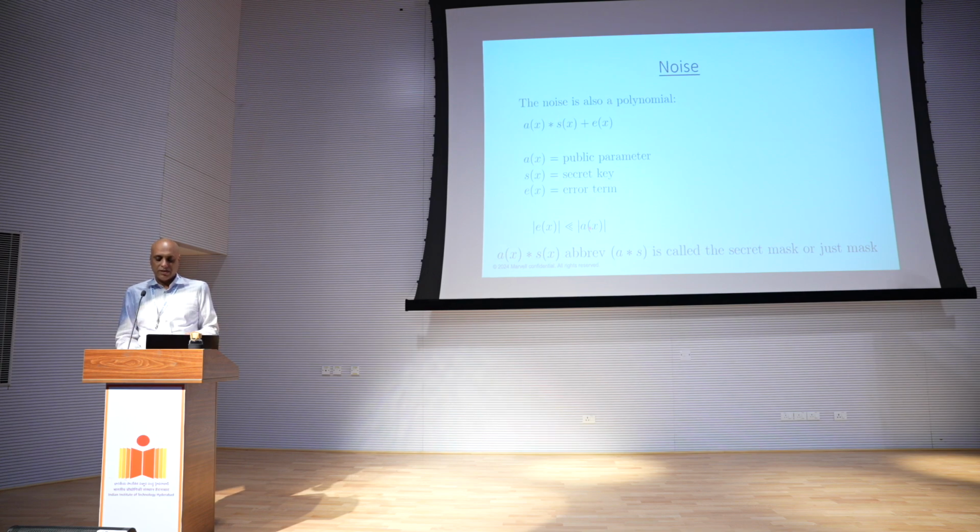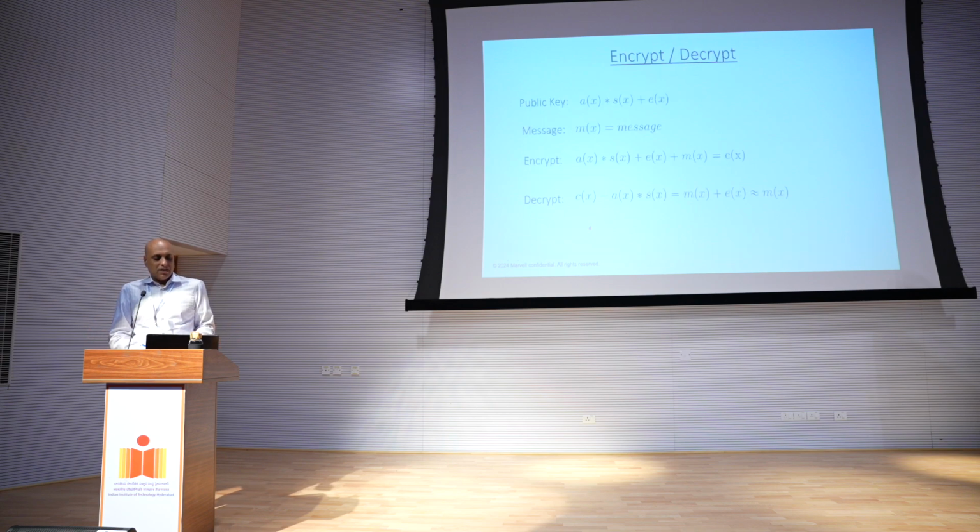We sample these polynomials from the underlying set of polynomials that we've chosen to compute upon. So encryption is pretty simple. We take our public mask here, we add the error term, and then we have a message, which is also a polynomial, as you saw before. And so we simply add these three terms to the message to get a ciphertext.